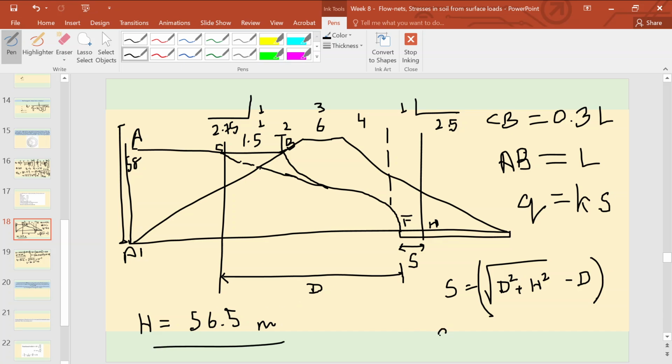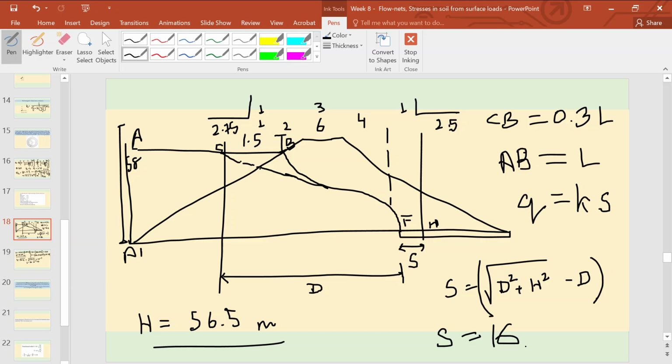What is the value of s now? Find the value of s. Approximately 1.6, so I'll take the whole number 16 over here. S is 16.